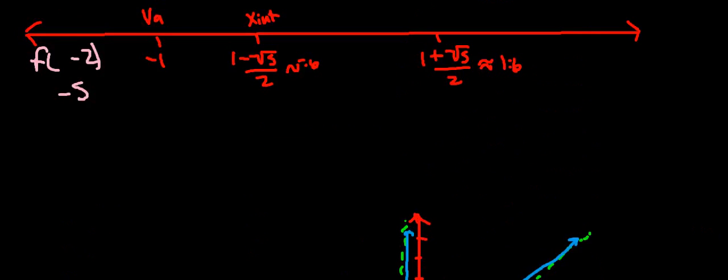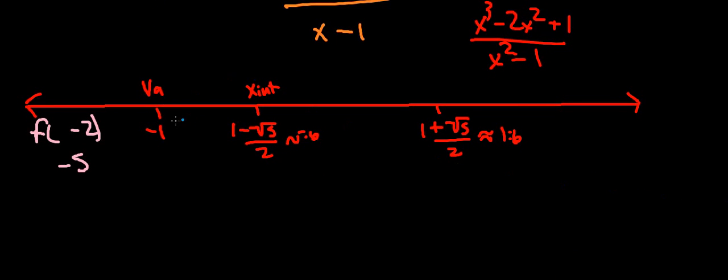If we wanted to fill in this chart, then we could have put in, I don't know, minus 4. We could have done f of minus 4 over 3 here, because this is 0.6 here, we could have done f of 0, which we did do, and here we could have done f of positive 2.